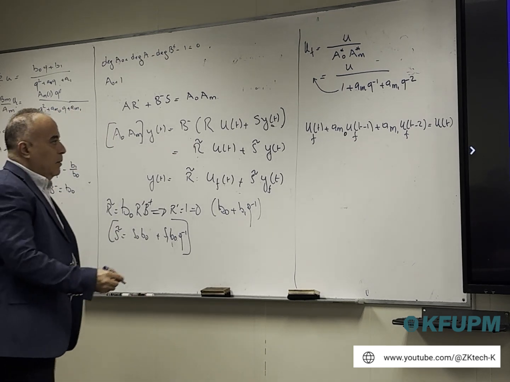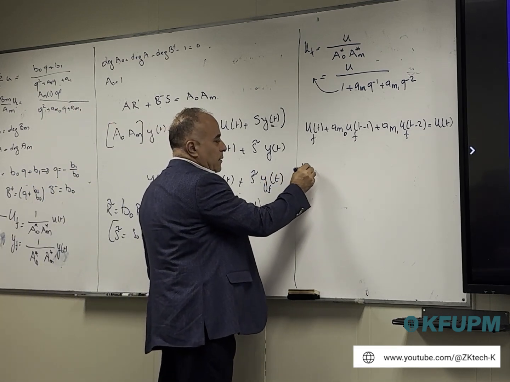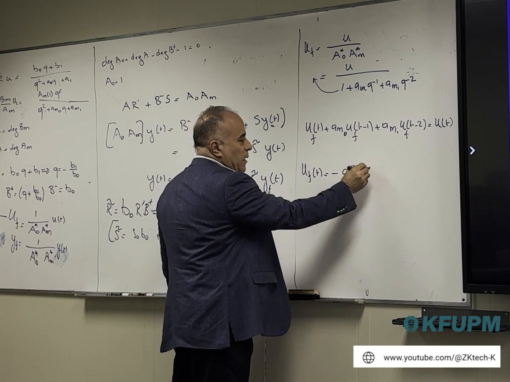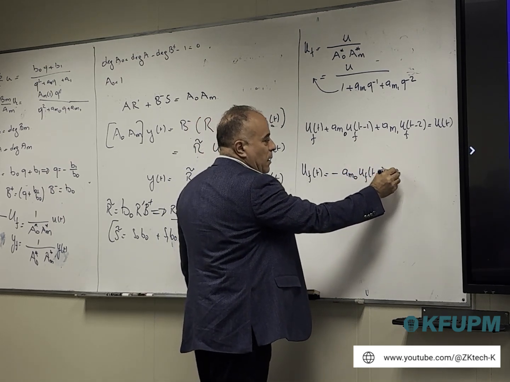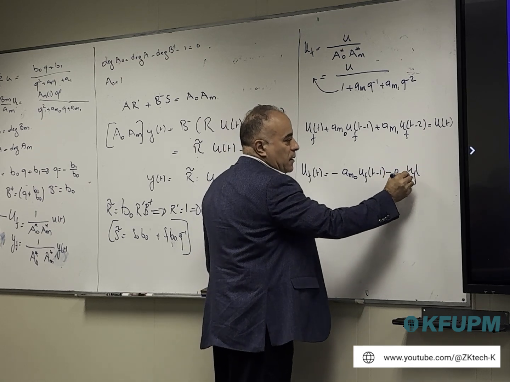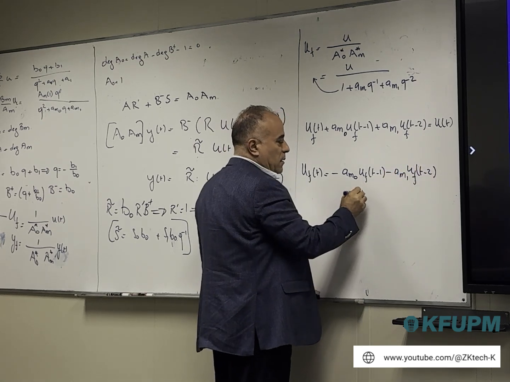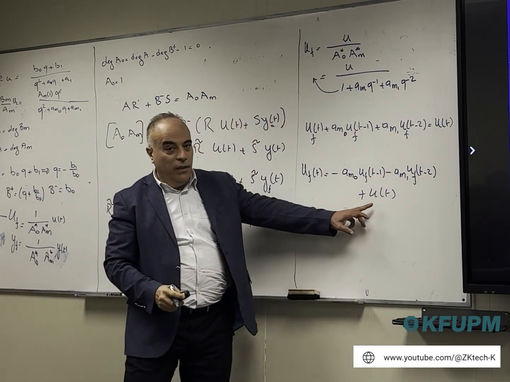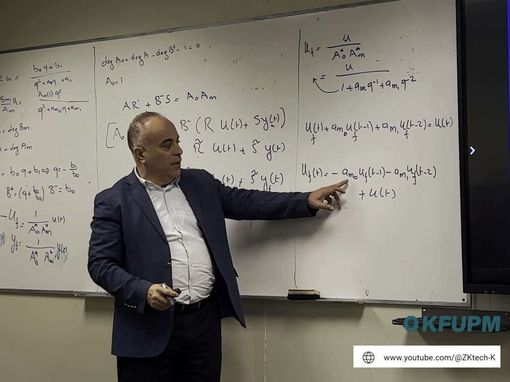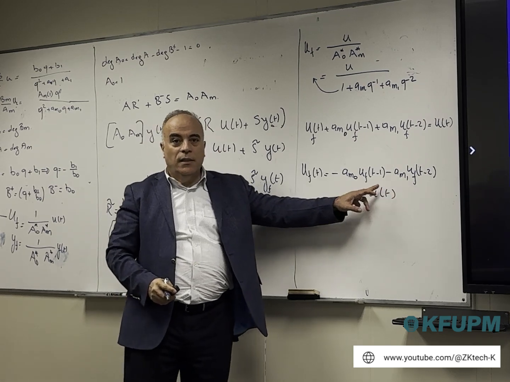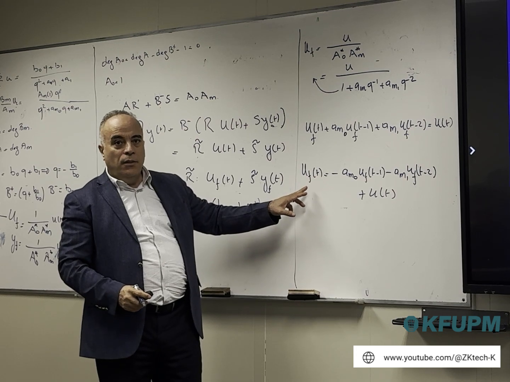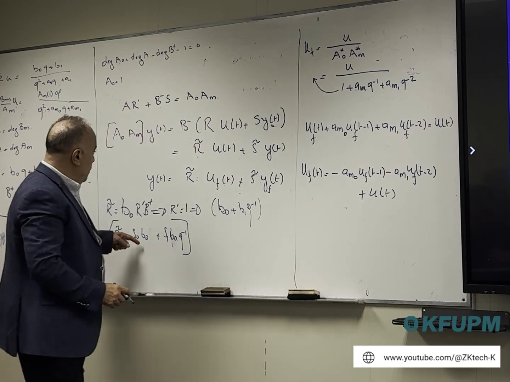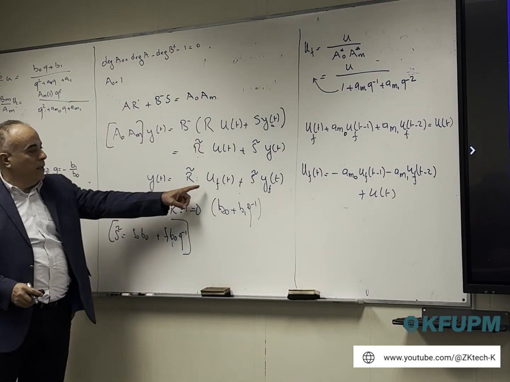So from here I can conclude that u filtered at time t is equal to minus Am0 u filtered at t minus 1, minus Am1 u filtered at t minus 2, plus the value of u at time t. So I take the value of u of t, I take the two previous values of u filtered, and this will allow me to generate the new u filtered at time t. And this is the one that I need to use for the equations that you have here.